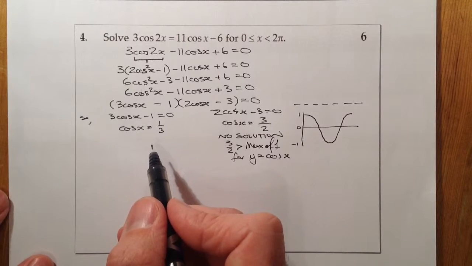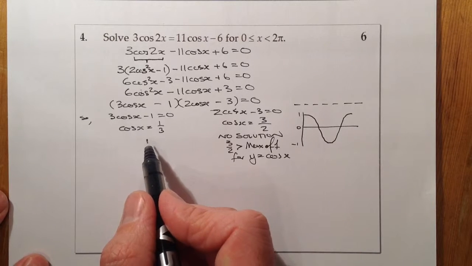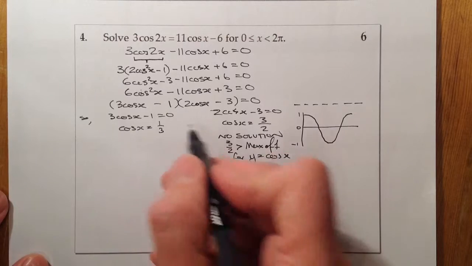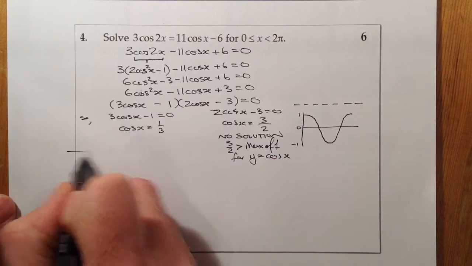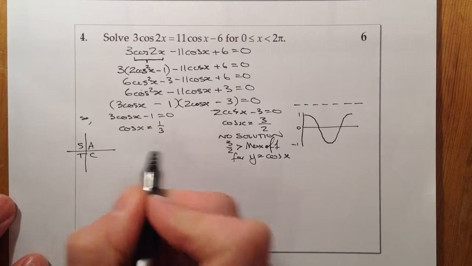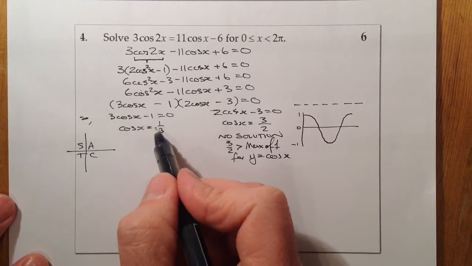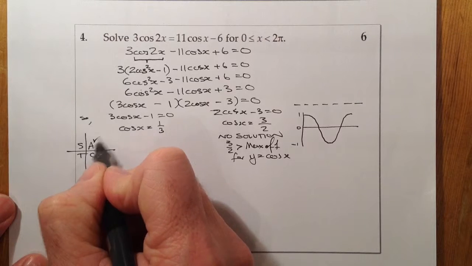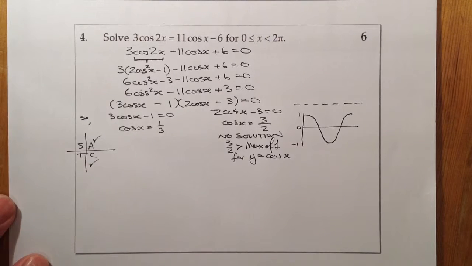On this side, I'll set my calculator to radians, and I'm going to be working out 2 values. If I think about my CAST table, the all sine tan cos, and that's a positive value, I'm going to be looking for values in the first quadrant and in the fourth quadrant.